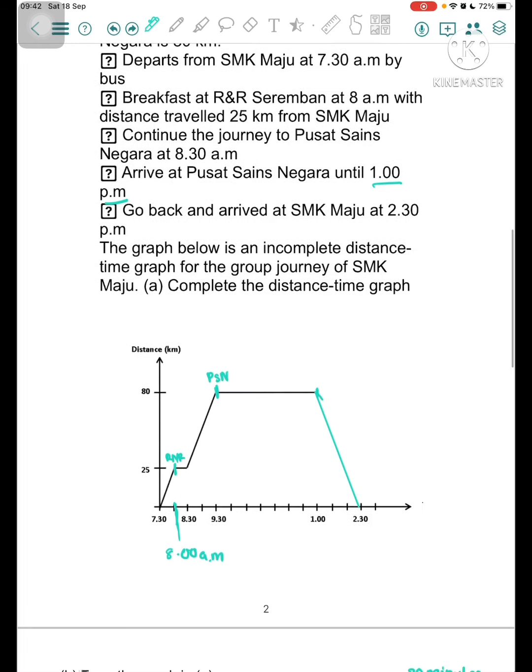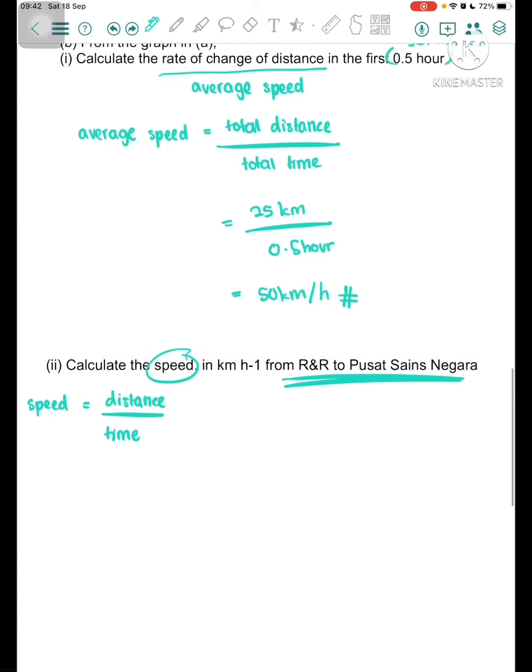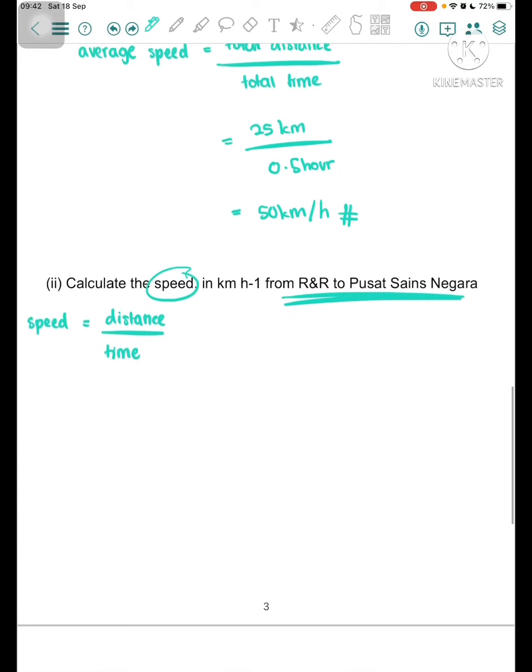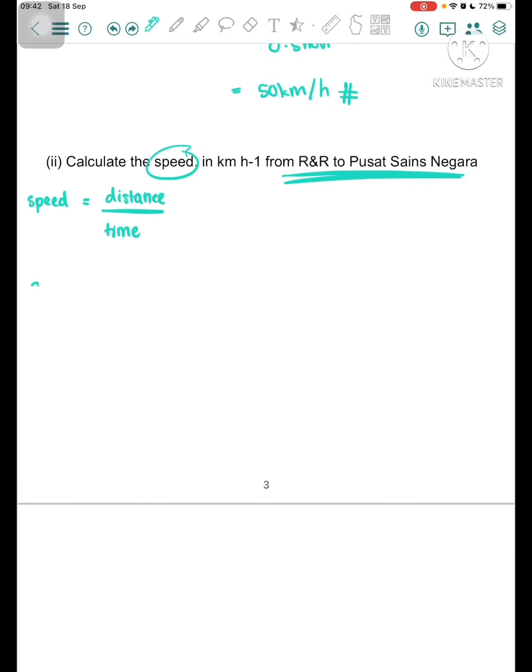Okay, so the distance is 25 km to 80 km. So subtract to find the distance. 80 km minus 25 km equals 55 km. So this is the total distance from R&R to Pusat Sains Negara.